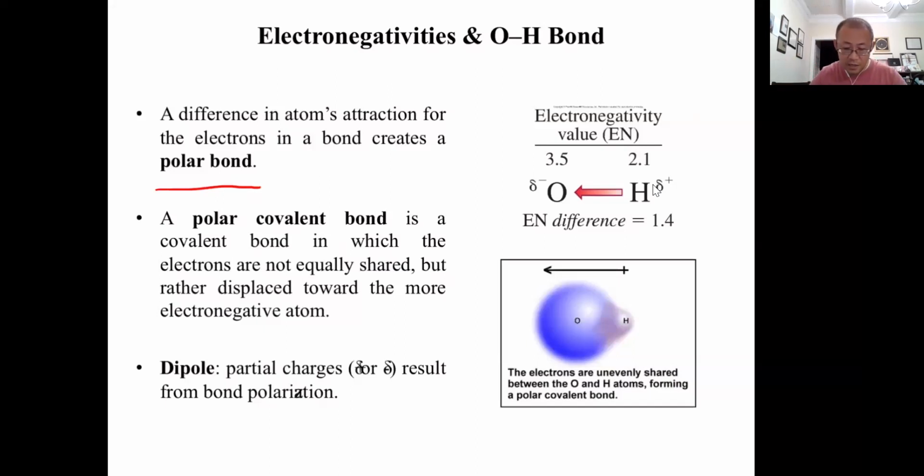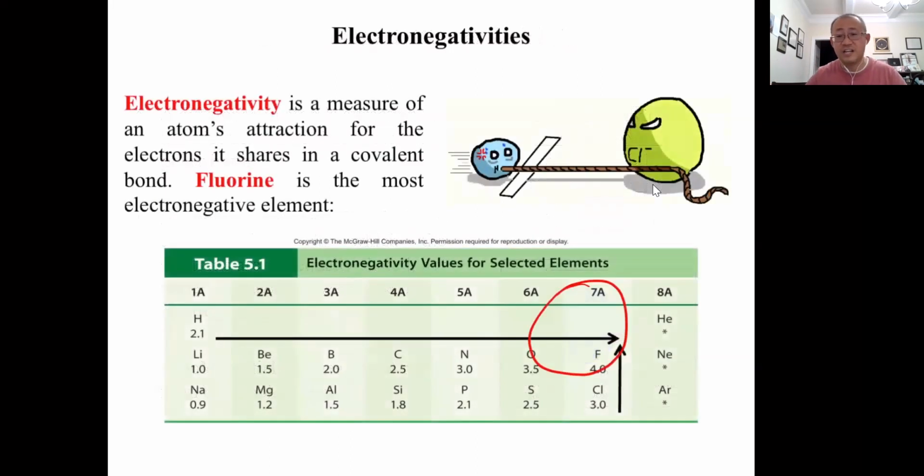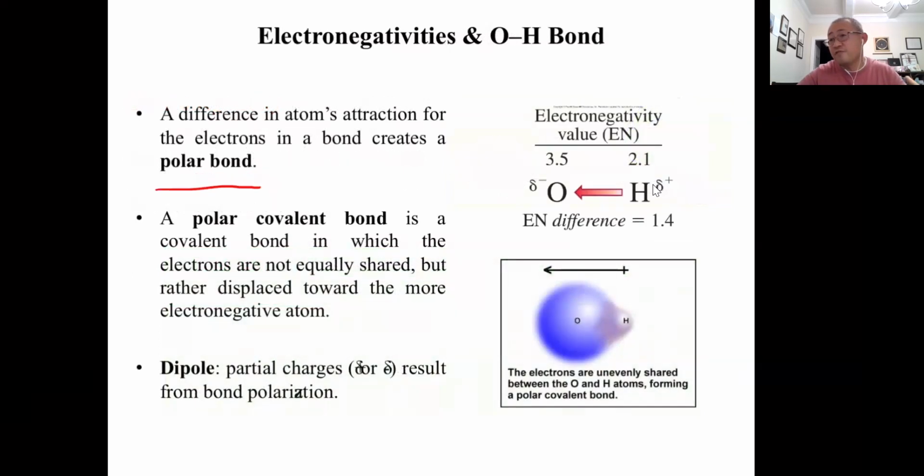Take the bond between oxygen and hydrogen. If you look at the electronegativity, oxygen has an electronegativity of 3.5, hydrogen has only 2.1. So there's a difference of 1.4 in electronegativity between O and H. Oxygen has stronger electronegativity and will attract more electron density towards itself. Hydrogen will not be as attracted.